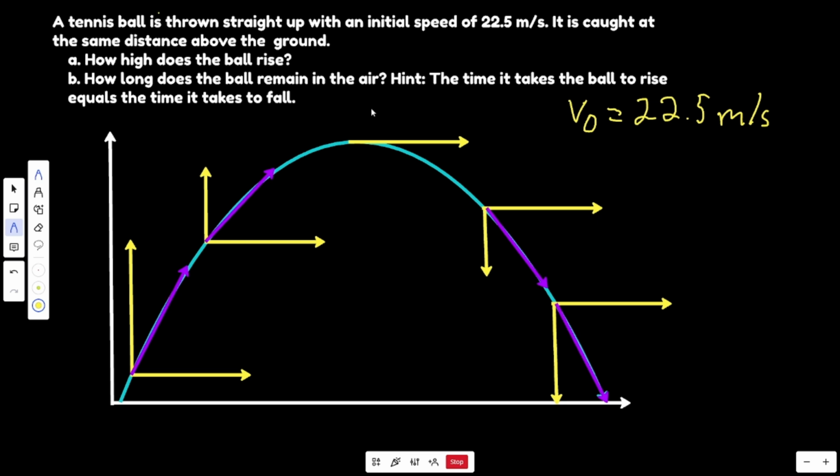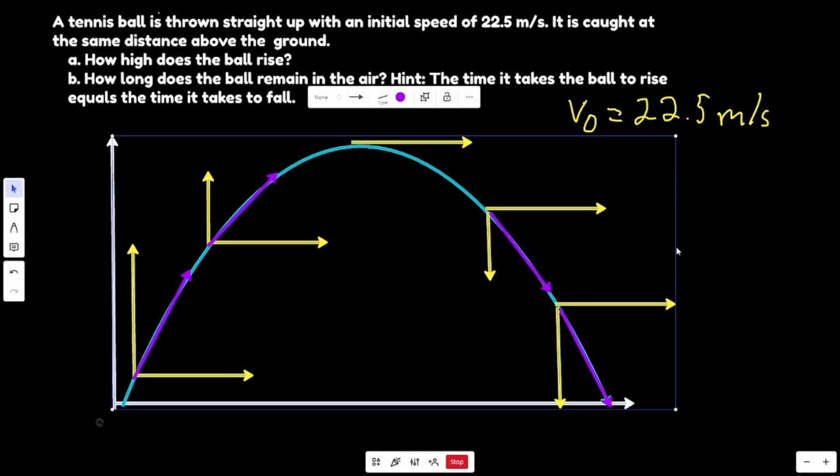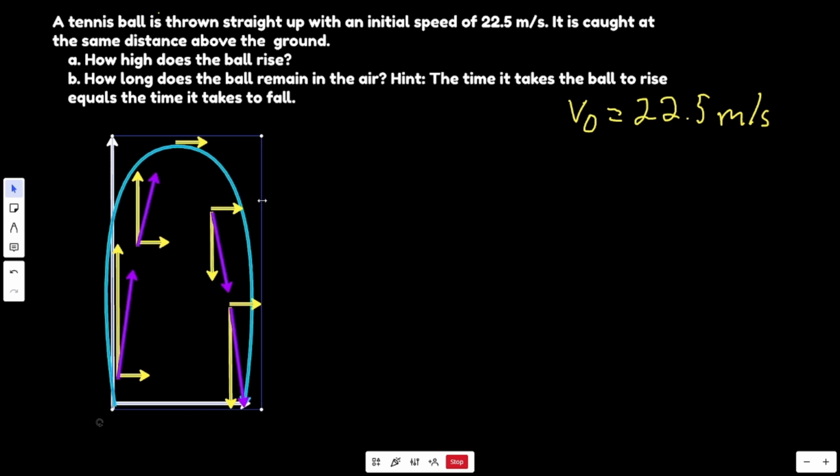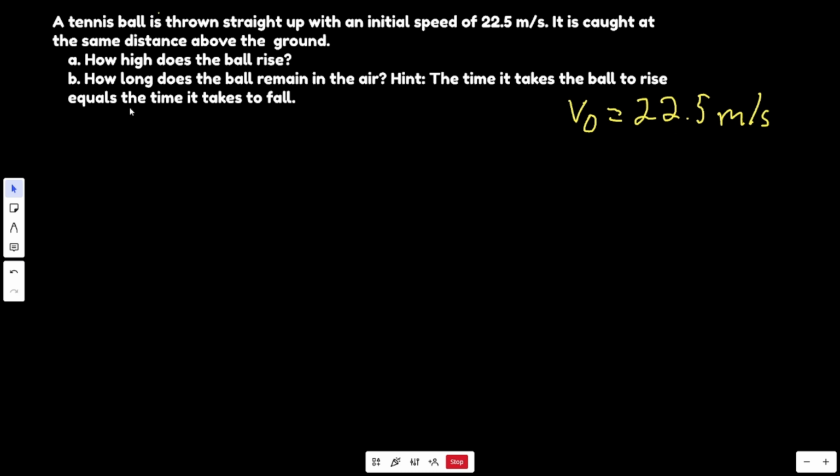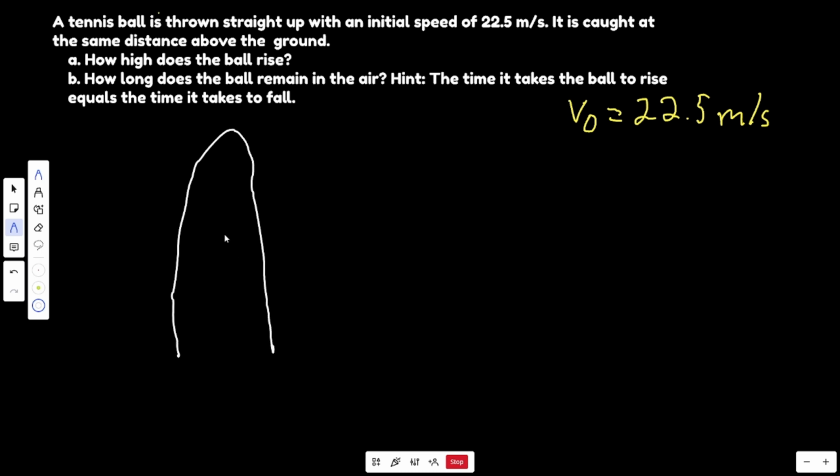Now, which among the following arrows does this correspond to? Since it says that it was thrown straight up with an initial speed of 22.5 meters per second, we actually have to change this drawing and squish it a bit. It would look something like this. Okay, let's just draw another parabola. It would look like this. Okay, so this should be a straight line.